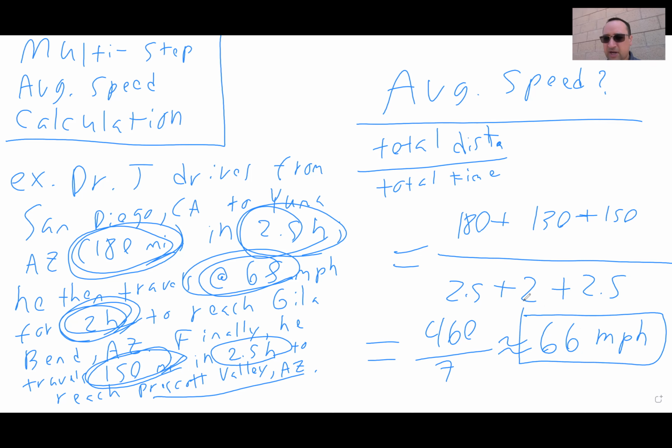I could do the calculation out perfectly, but there's no need. So that's gonna be roughly 66 miles per hour for that trip. That's a pretty good agreement with the 67 that we got earlier, a nice little agreement with what we saw earlier just by doing an approximation.